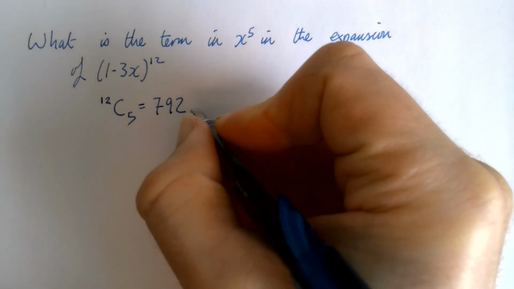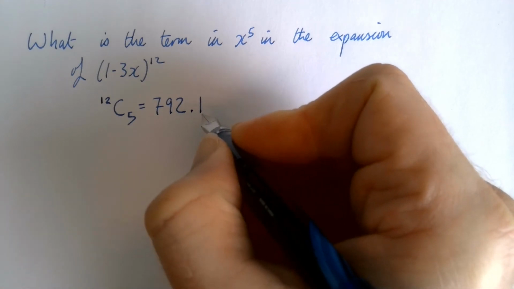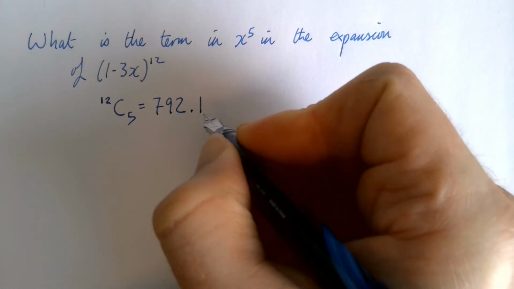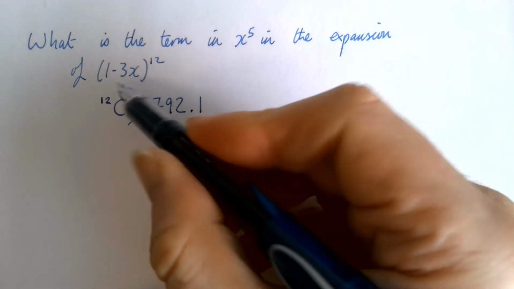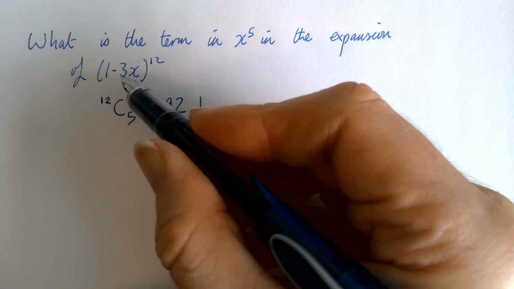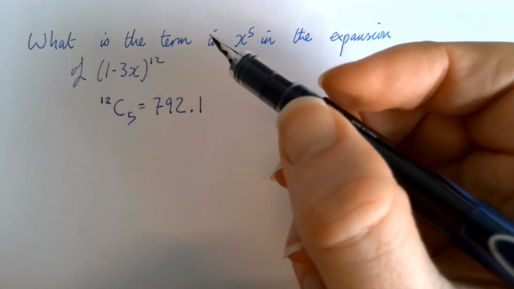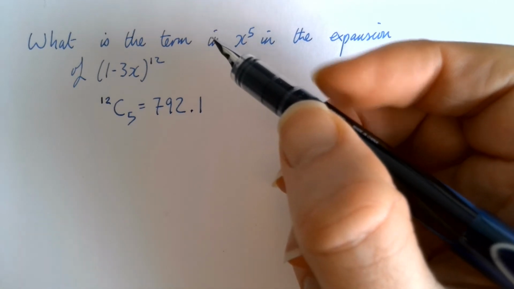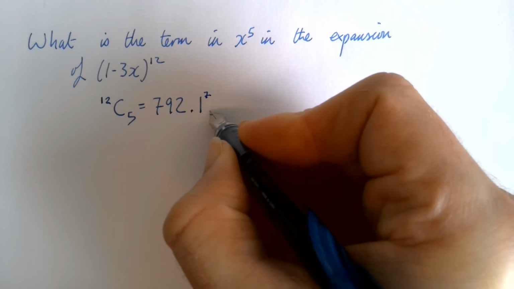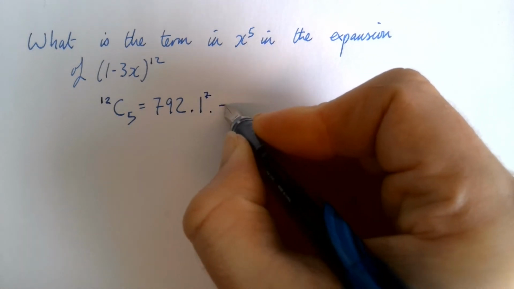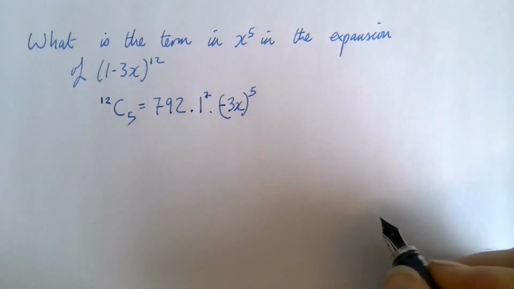Then that's going to be multiplied by 1 to the power of, well, it's the 6th term, so that, well, it doesn't really matter, or if it was another number it would be important, but that was 1 to the 12, wasn't it? So 12 take 5 is 7, so it would actually be 1 to the power 7, and then that would be multiplied by negative 3x to the power 5.